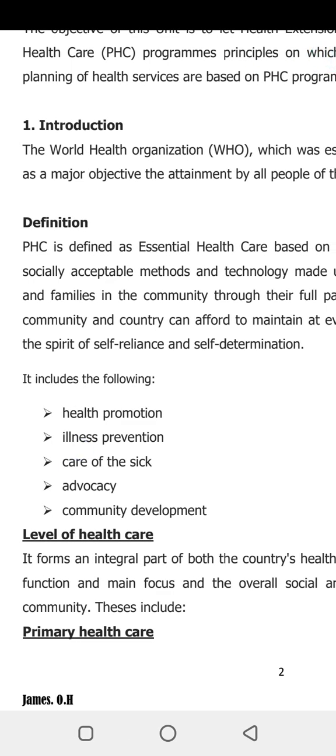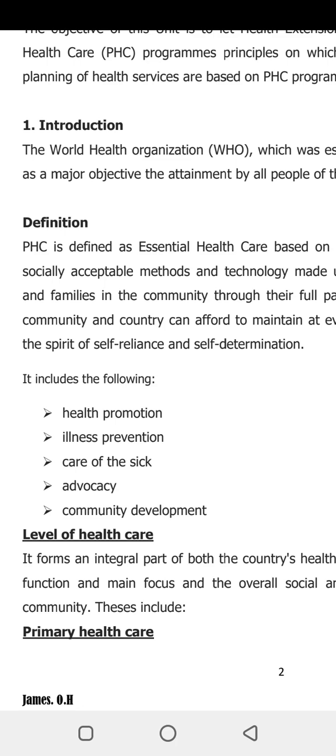Now remember, in primary health care, there are services that are brought to people, or what primary health care aims at bringing to people.